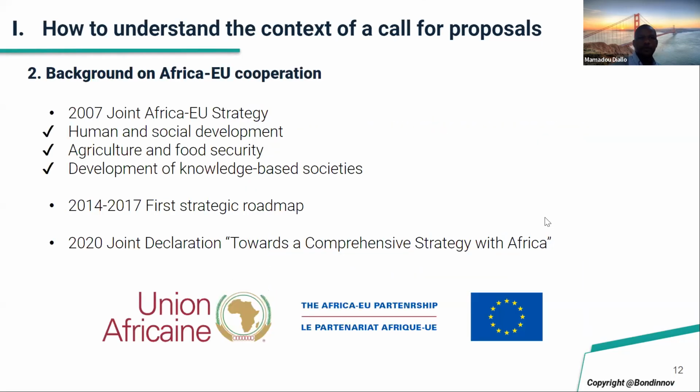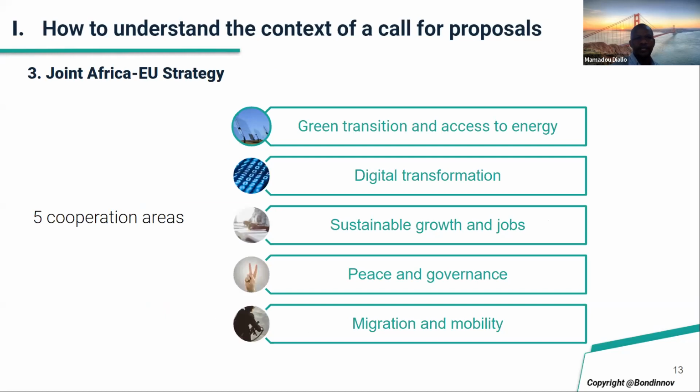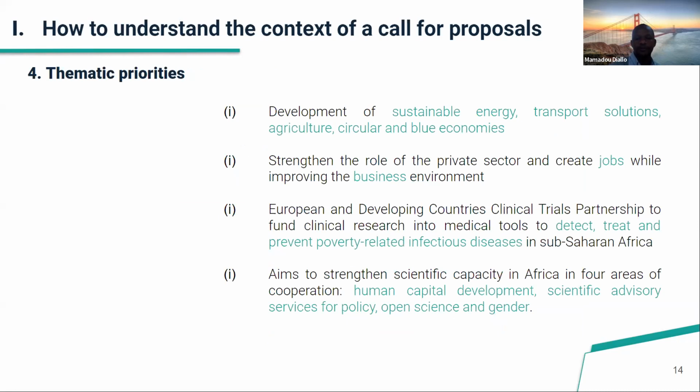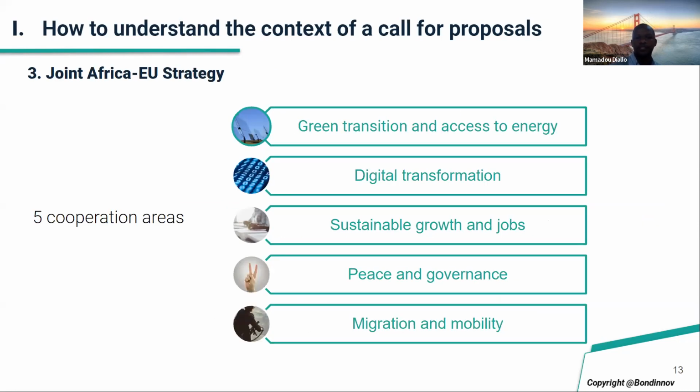Yes. So this joint Africa-European Union strategy had 5 cooperation areas: the green transition and access to energy, digital transformation, sustained growth and jobs, peace and governance, and finally, migration and mobility. So these are key points on which they agreed to cooperate.